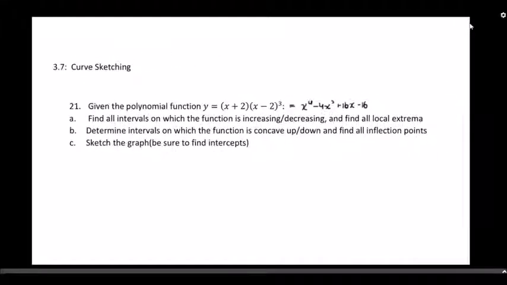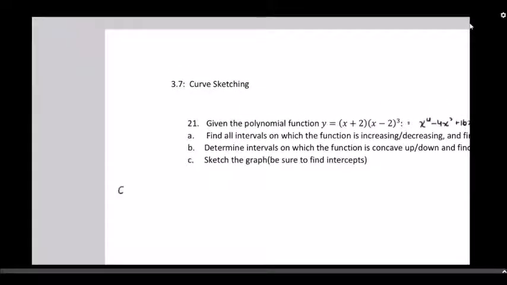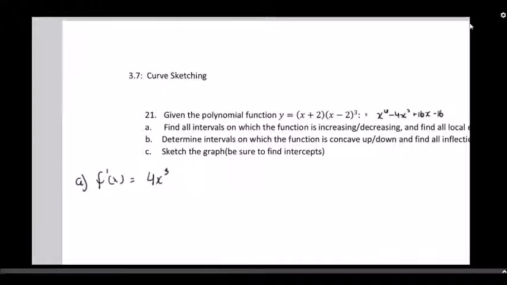Now, it may be easier to take the derivative of the function in a different form. Let me write that down. I can write here, f prime of x would be 4x cubed minus 12x squared plus 16.